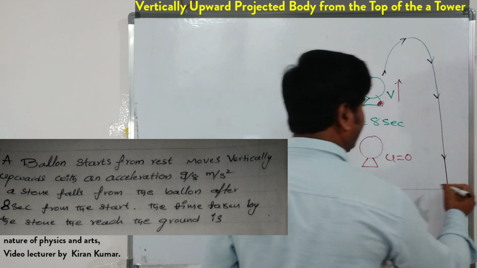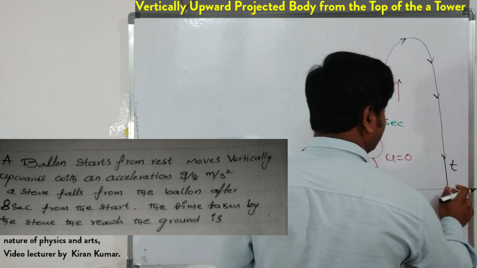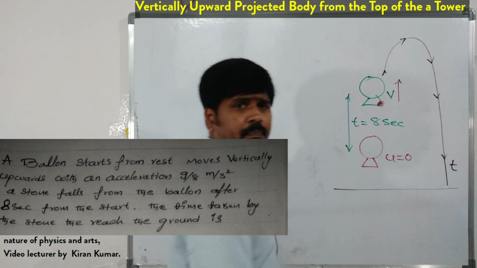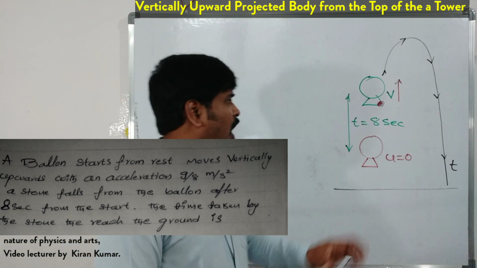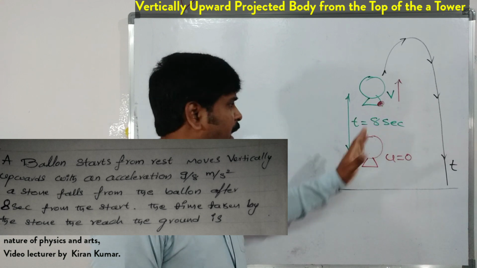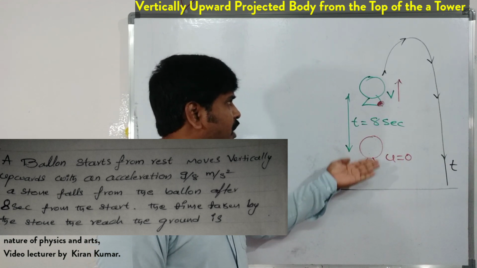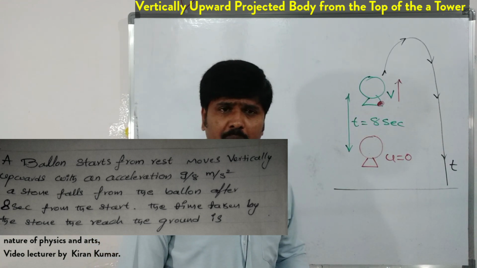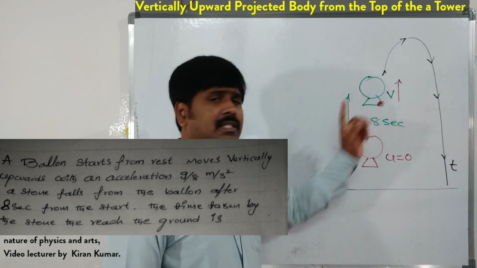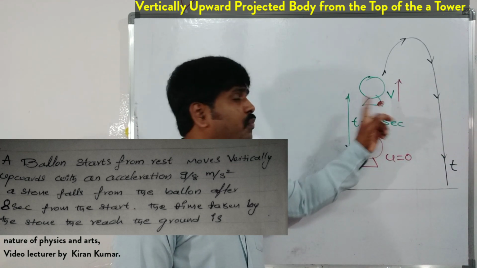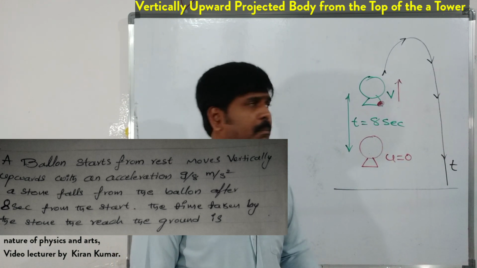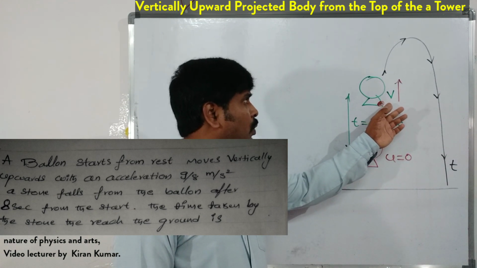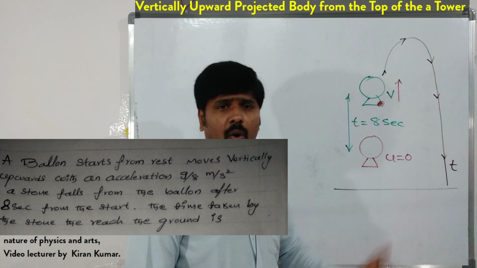So the time taken t is what is asked here. For this, first we have to find how much distance is traveled by the balloon from the initial position to the final position, and what is the velocity of the balloon at the final position. Then we can find the time taken by the stone to reach the ground.